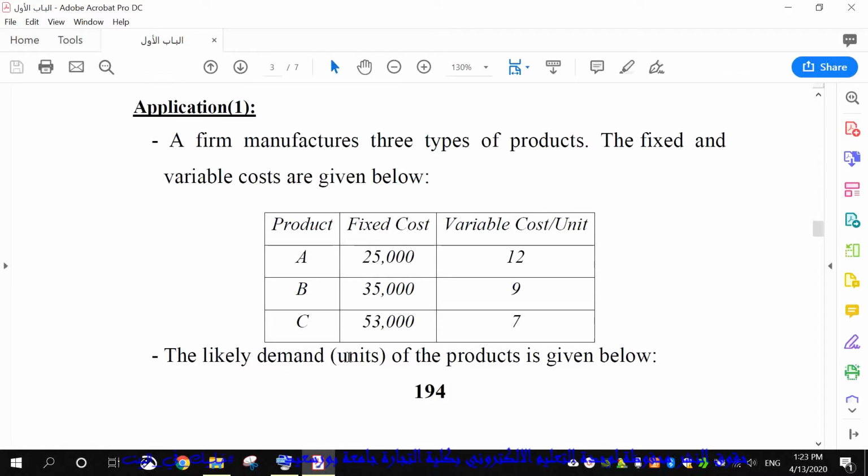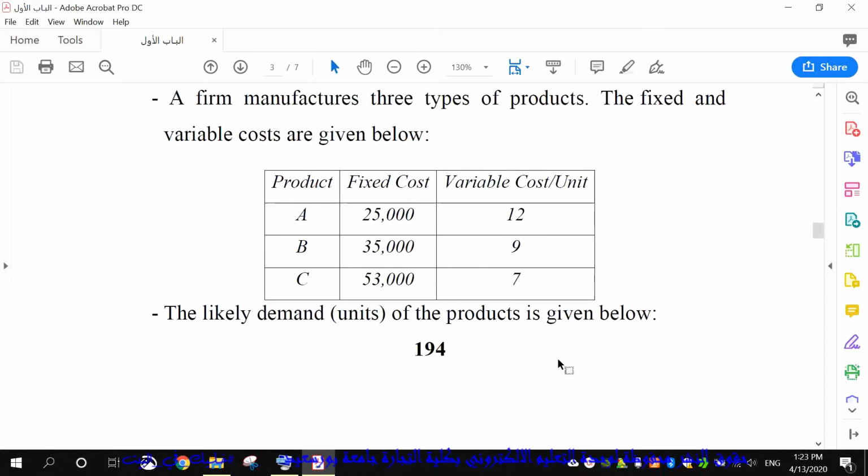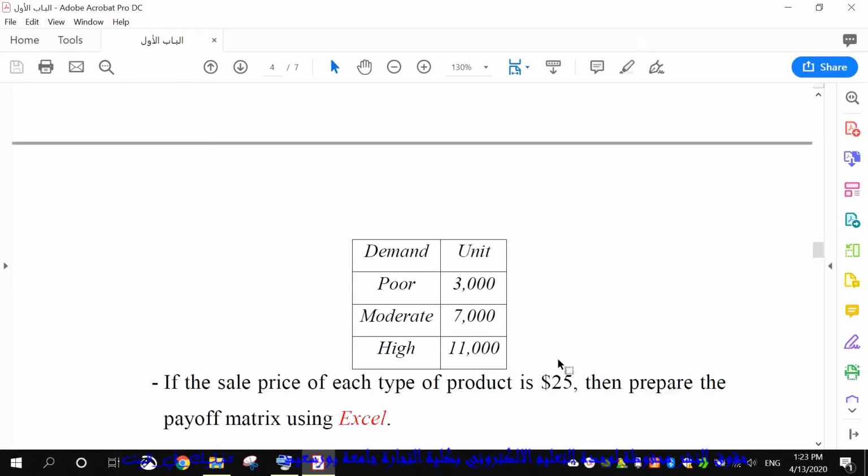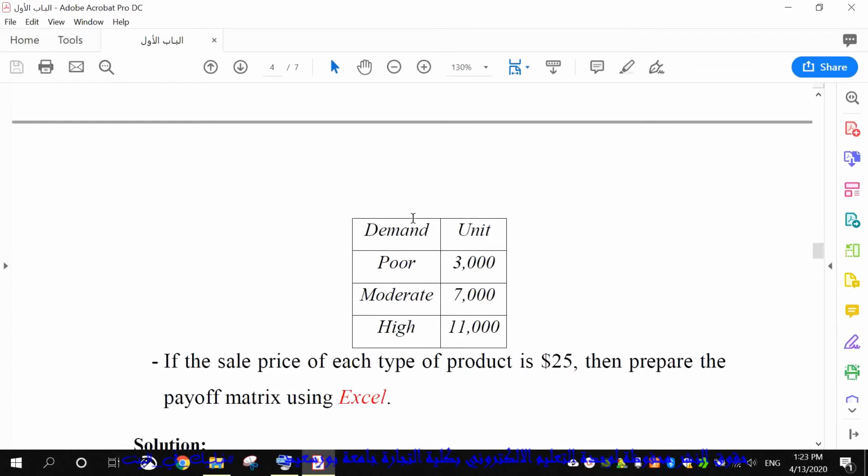The likely demand for units of the products is given below. Given the demand in case of poor, moderate, and high, the number of units in case of poor is 3,000 units, in case of moderate 7,000 units, and in case of high 11,000 units.